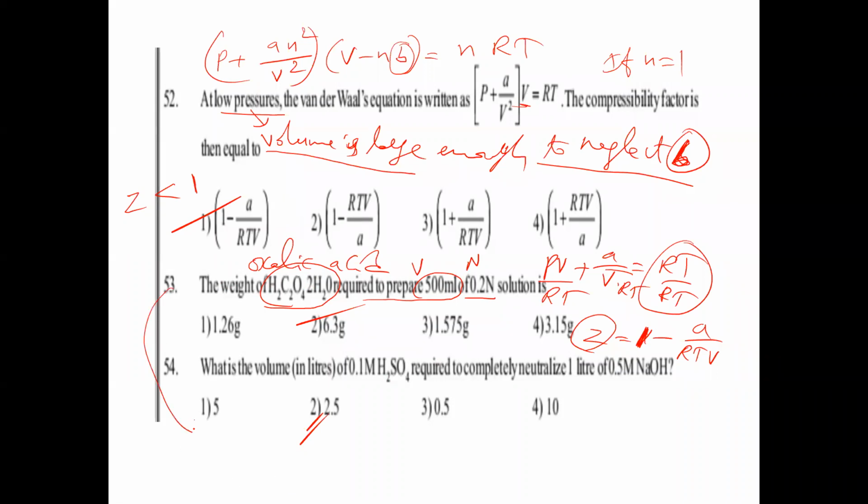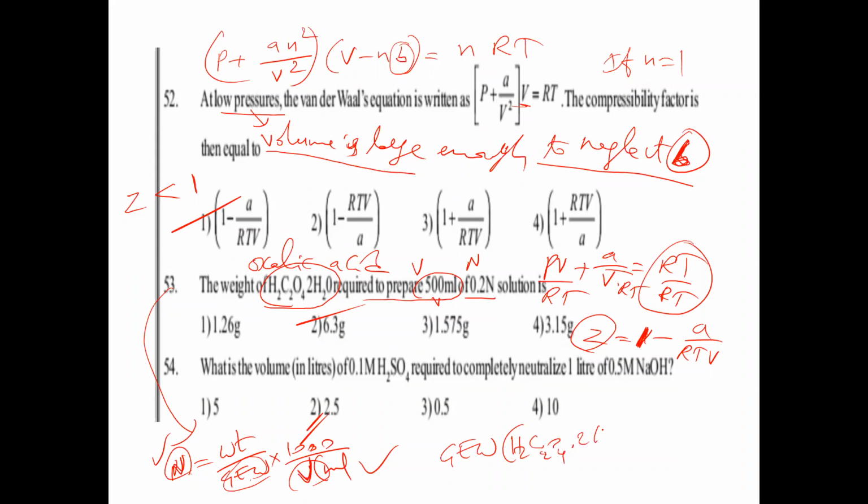Normality is equal to weight by gram equivalent weight into 1000 by volume in ml. 500 ml volume is given and normality is given to you. And the gram equivalent weight we have to understand. So gram equivalent weight of H2C2O4.